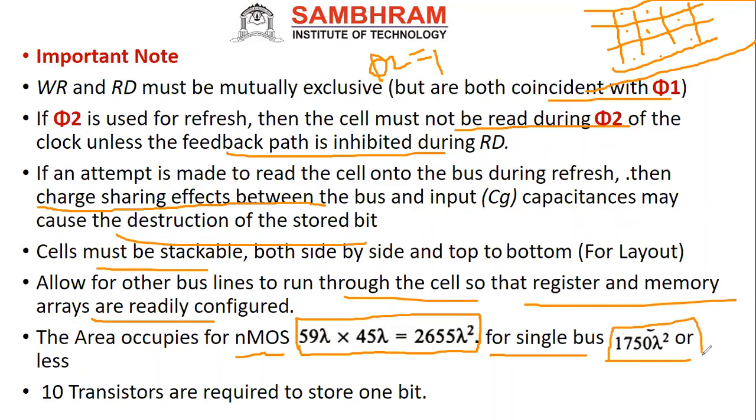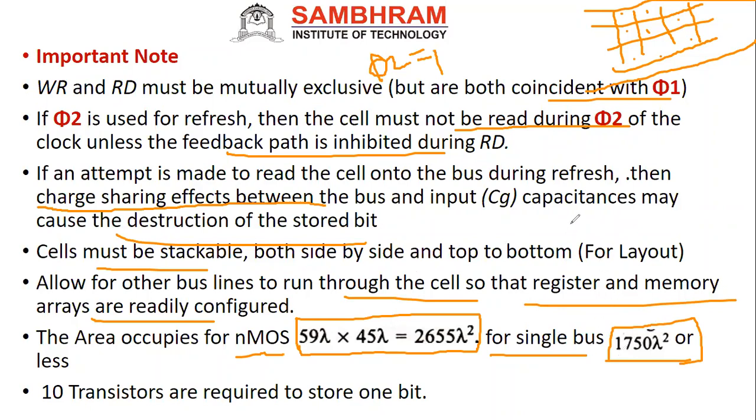But as you know, if I use a single bus, what is the problem we may face? As I said, in each and every clock cycle, only one operation can be done. But if you go for 2 buses, then at a time I can feed 2 inputs simultaneously, correct? If I use a single bus, first I have to write the data, then I can read the data.